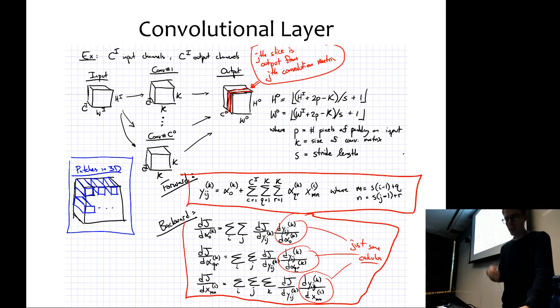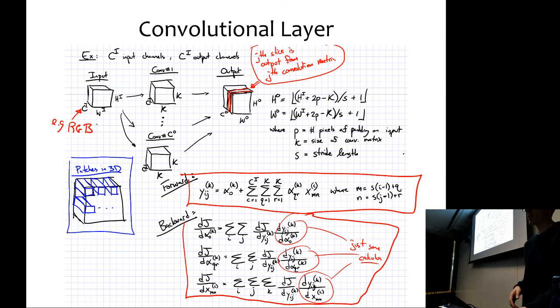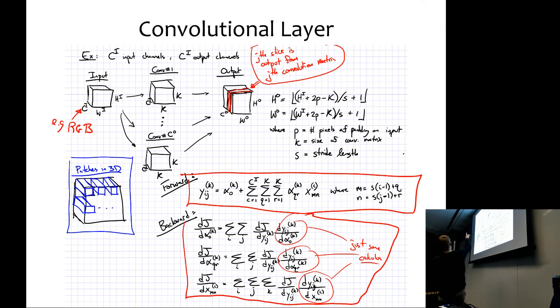Okay. And the interesting bit is that if, in the more general case, you have an input which has, say, red, green, and blue input channels, then suddenly your convolutions need to be able to look at all of those channels at once.